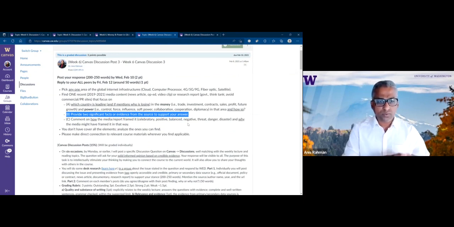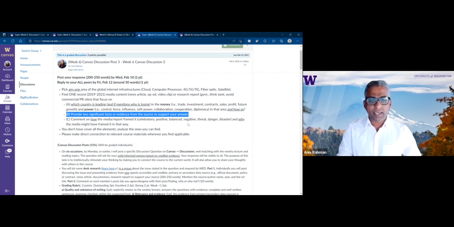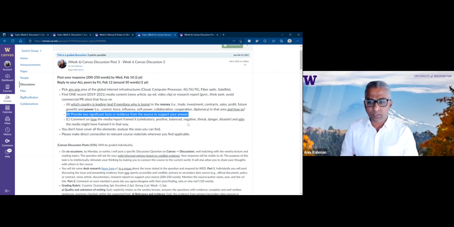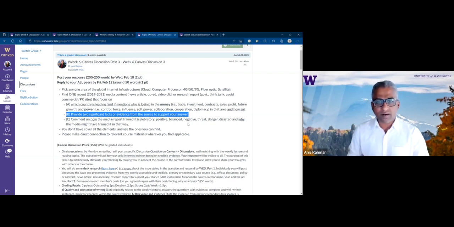First, they had to actually do the reading and draw from the lecture. They had to answer a particular question. For example, here, which country is leading in terms of money and power in a particular area of internet technology? And they were asked to provide 2 significant facts or evidence from the sources to support their answer.